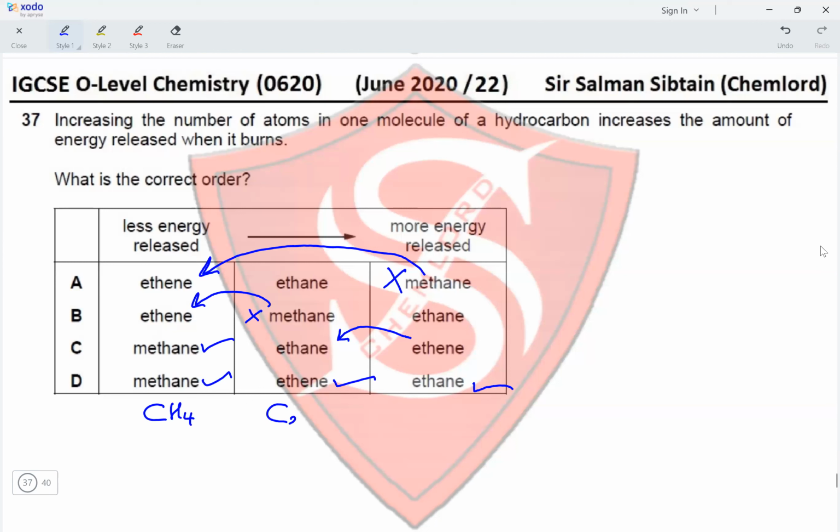CH4, C2H4, and C2H6. So the most energy would be released by the compound having the greatest number of atoms present, which is ethane. And the one with the least amount of energy release would be the one with the least number of atoms present in the compound, which would be CH4. So C2H4 will come in the middle. So the correct option for this question is option D.